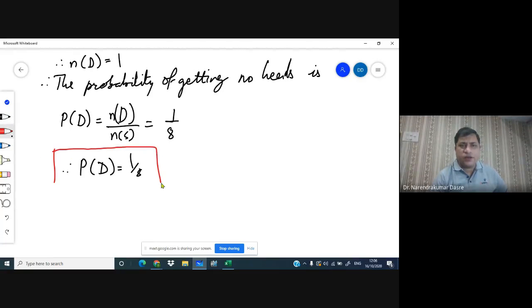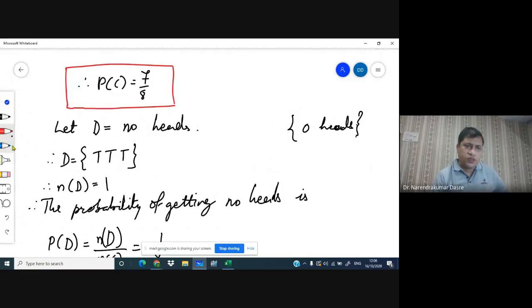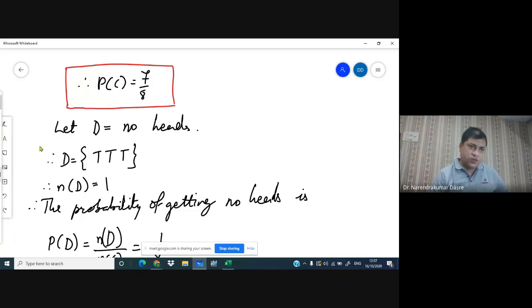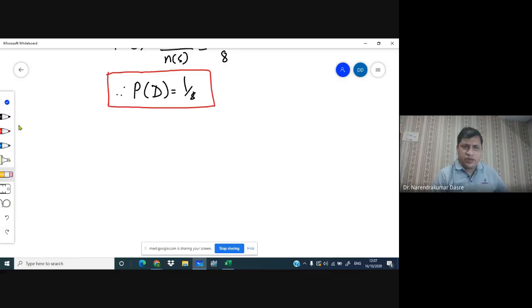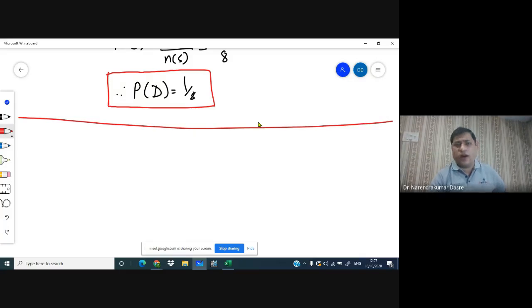That's how we are able to get the probability of all the events. Here we have considered a random experiment with coin tossing. Do you have any doubt in this example?